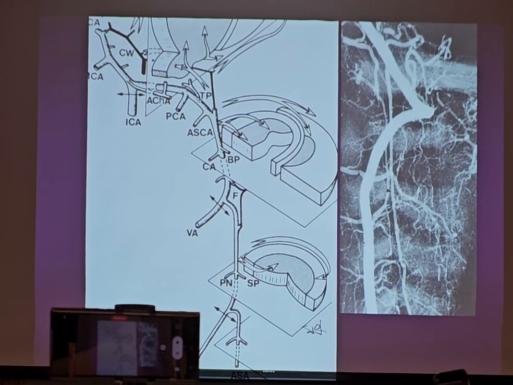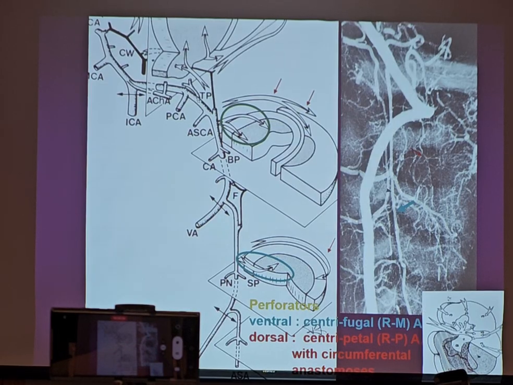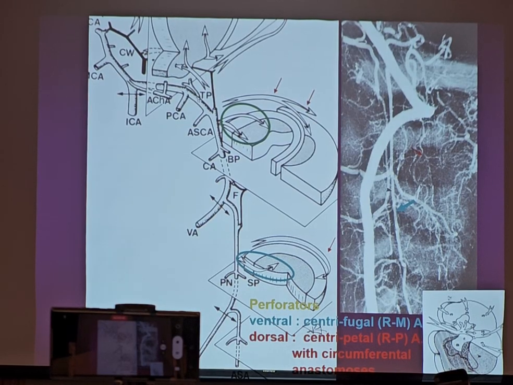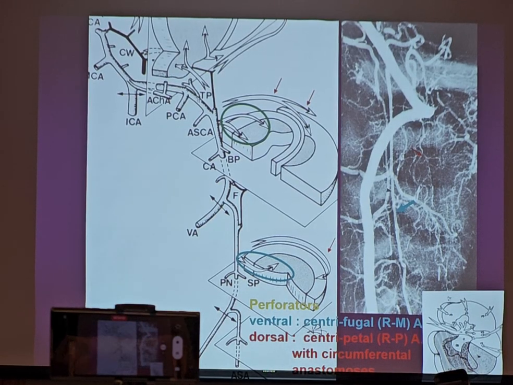If we know that the ventral system gives rise to the dominant perforators, that is called, for example, in the spinal level, the sulcocommisural artery coming off from the ventral spinal artery. And the dorsal system is mostly circumferential and gives, from outside, the perforator supply to the more cortical part of the system.